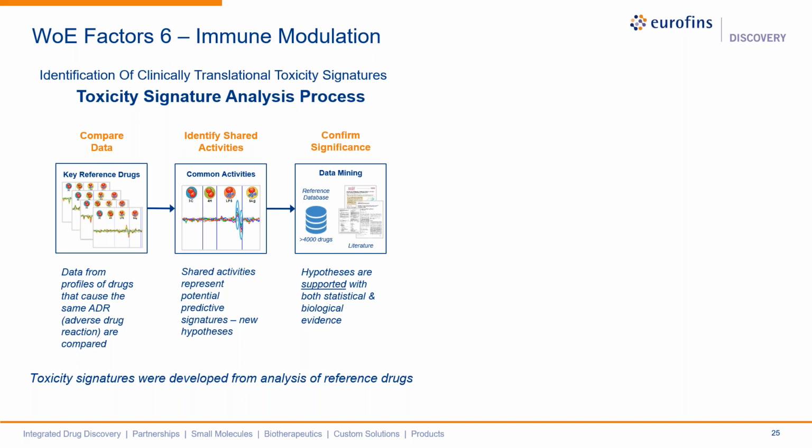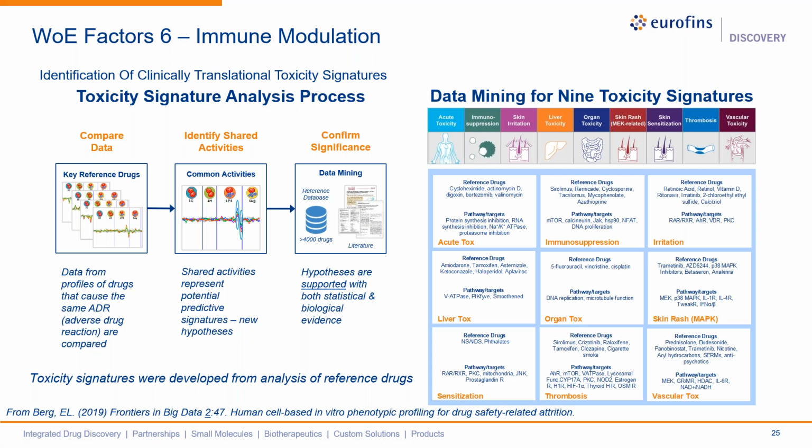Next. BioMap compares data from drugs with similar adverse reactions using a comprehensive database of over 4,500 drugs. We map out 9 critical toxicity domains: acute toxicity, immunosuppression, skin irritation, liver toxicity, organ toxicity, skin rash, thrombosis, and vascular toxicity.